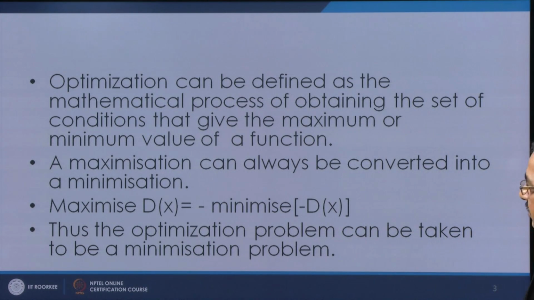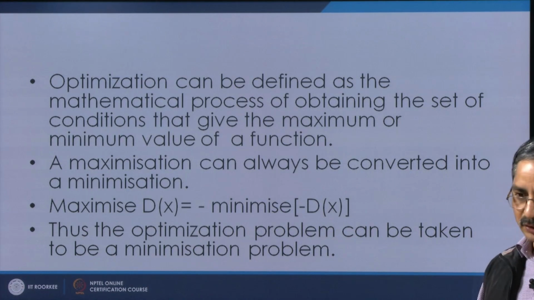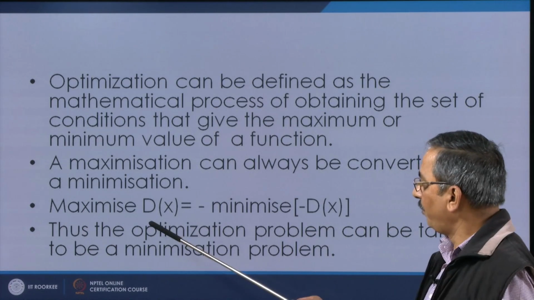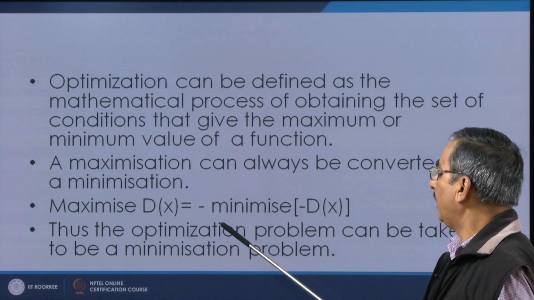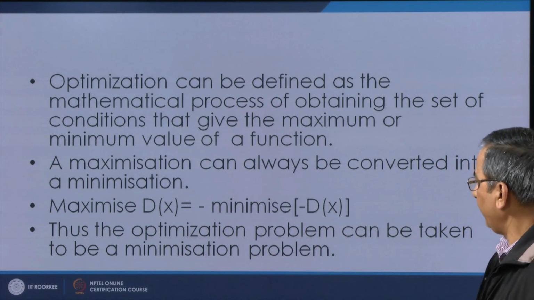And as you know, a maximization can always be converted into a minimization. For example, if I have to maximize some function f(x), I can always write it as the minimization of minus f(x).